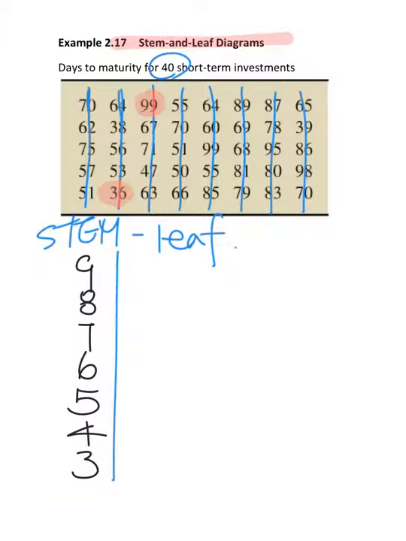The very first one was a 70. We split it 7 and 0.